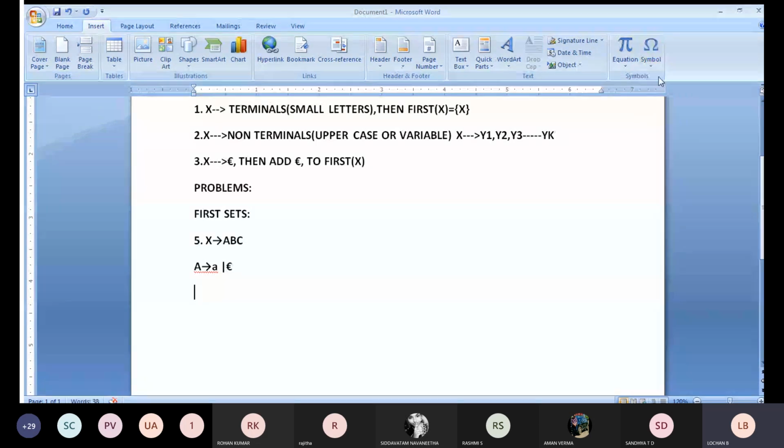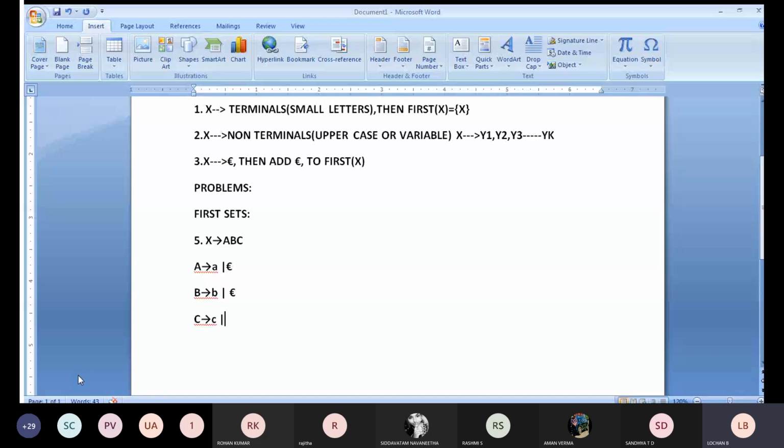B implies they may give small b or epsilon. C implies capital C, small c or epsilon. Can you solve this problem?